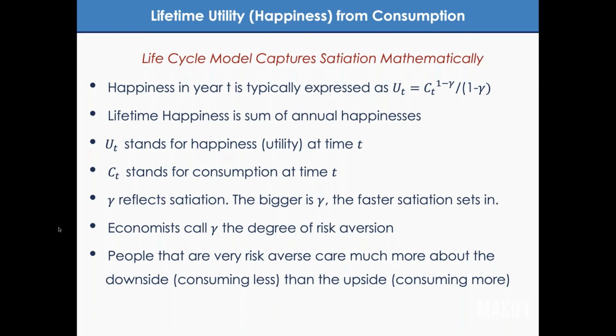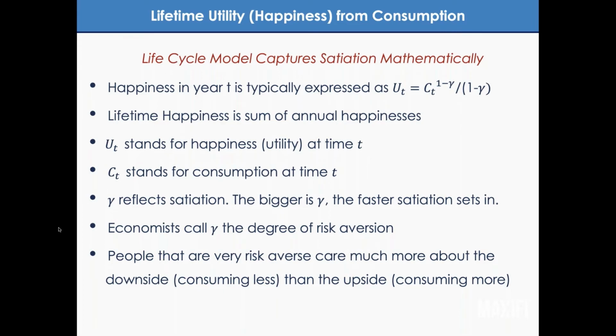And that's affecting how much happier you get if you've already consumed 19 cupcakes and you have the 20th, or you've had just one cupcake and you have the second. That's what the gamma is helping determine, the additional happiness from that. And then for each period T, year T, you're going to have a certain amount of happiness.